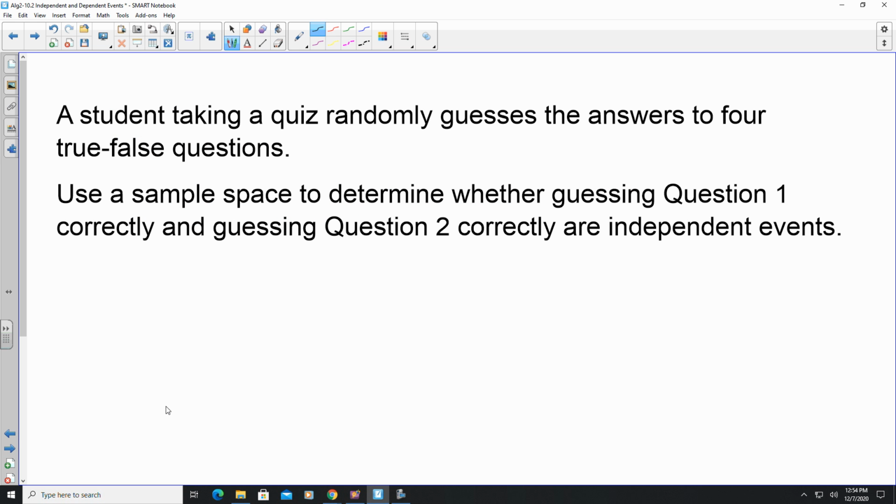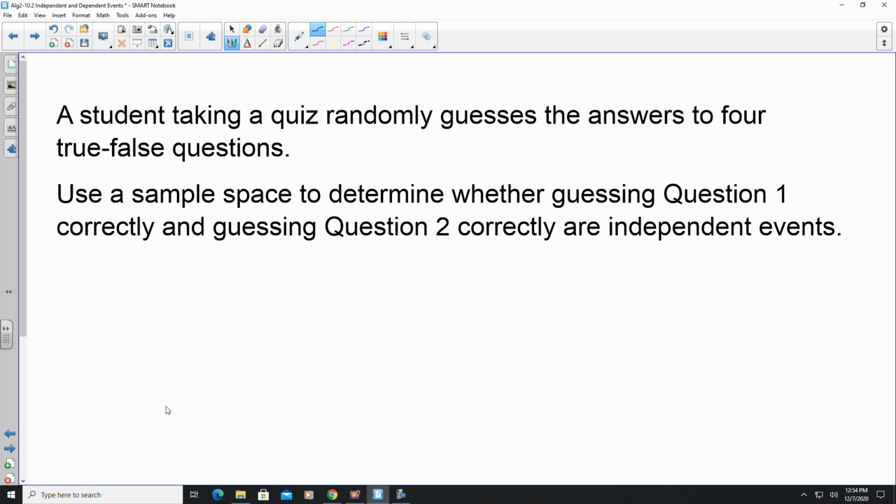So kind of similar to what we talked about in 10.1, here a student is taking a quiz, randomly guessing the answer to 4 true or false questions. We talked about that yesterday.